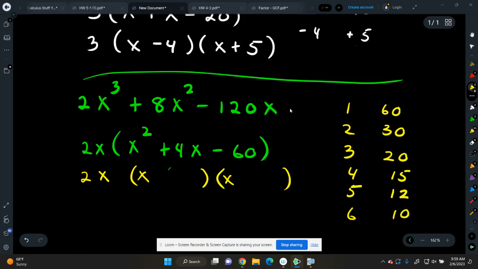I need it to be negative, so that means one of those numbers has to be negative. Which one can I use to add up to positive 4?